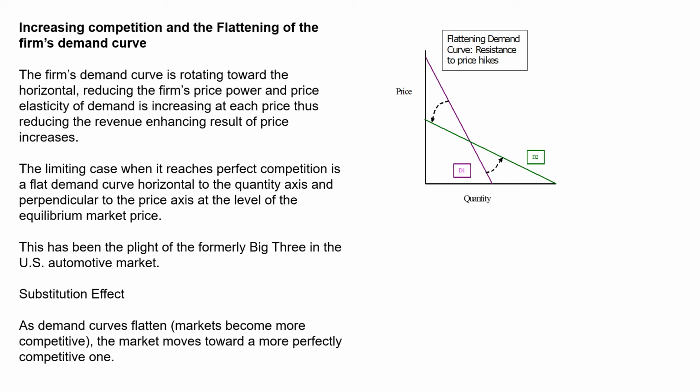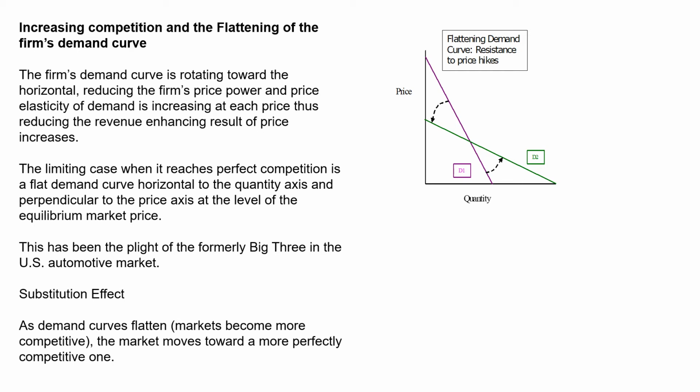So what's happened is that the demand curve has flattened out significantly. Substitution effect has come into play, of course, because we have many more suppliers out there so far as automotives are concerned. Between the Japanese, the Koreans, the U.S., Germans, throw French in there.